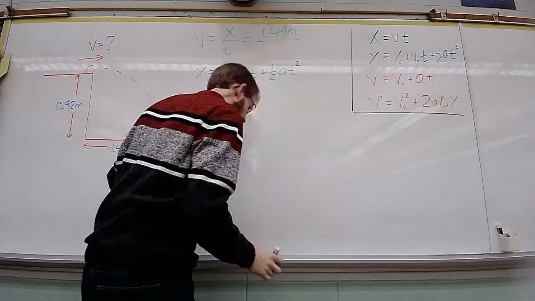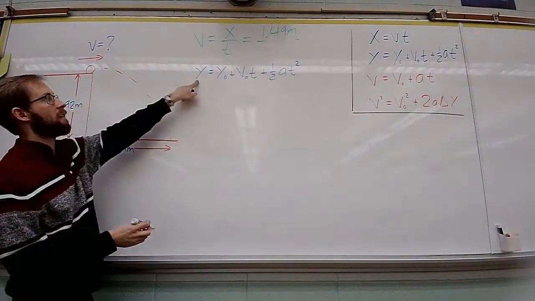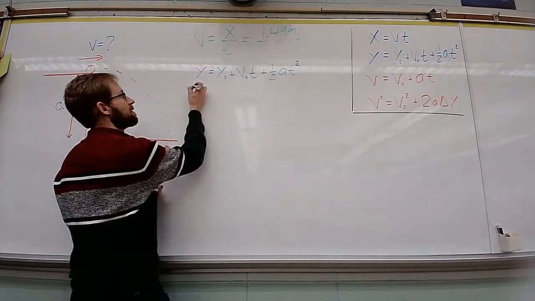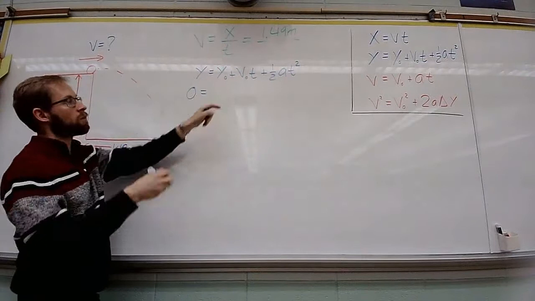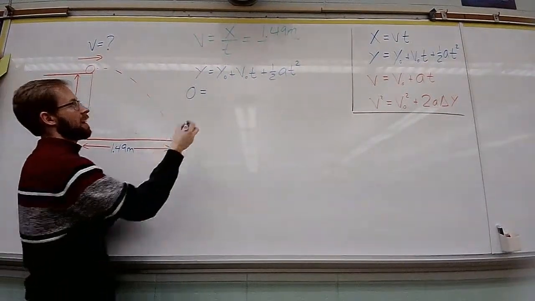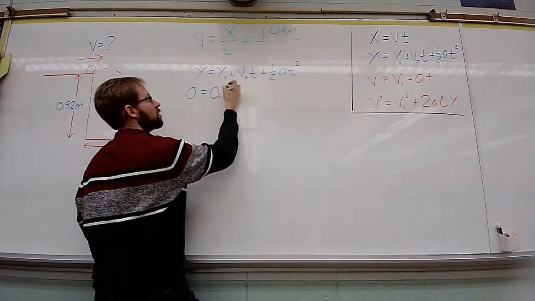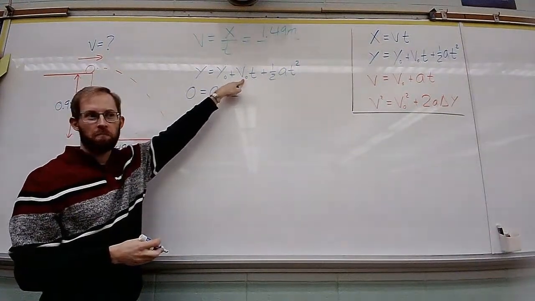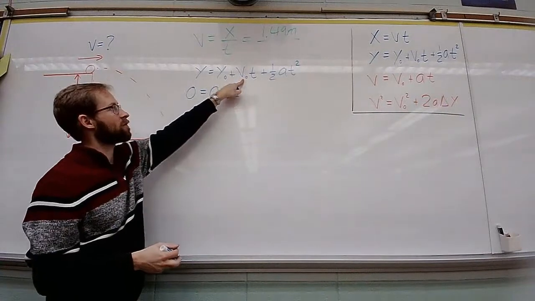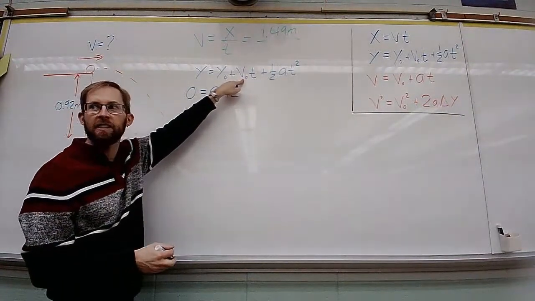Now, I know my impact spot. So what is my final height equal to? 0. Yep. And that makes my original height equal to whatever the height of the table was. I measured it to be 0.92. What is this velocity? 0. Isn't it rolling off the table with a velocity?